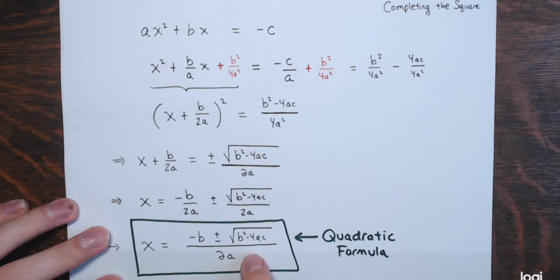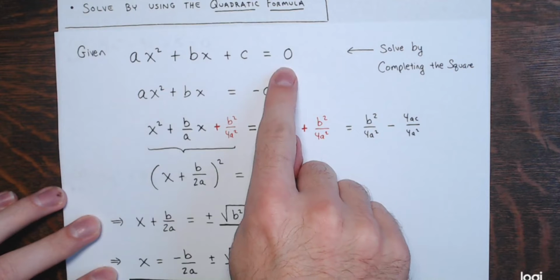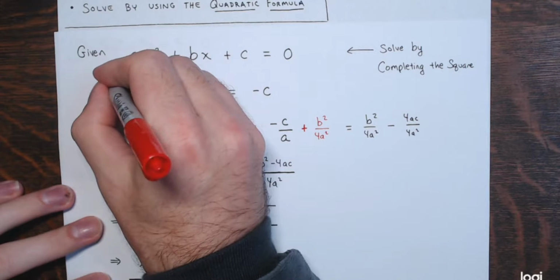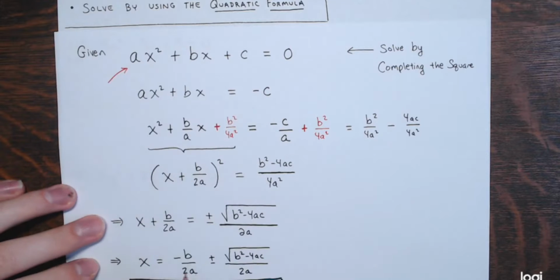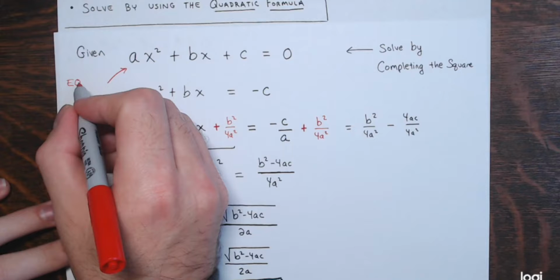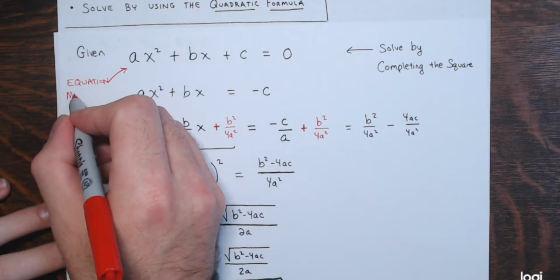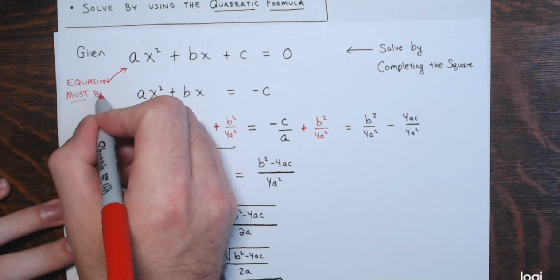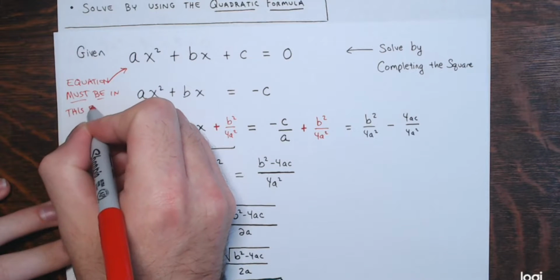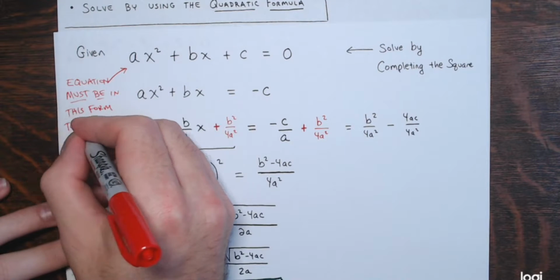Now notice how I ended up with this, but I started with this equation here, right? ax squared plus bx plus c equals 0. So the equation must be in this form to use the quadratic formula.